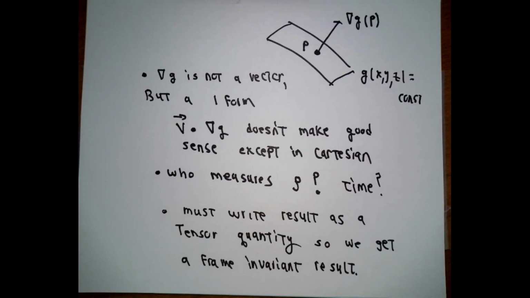Unless you're in Cartesian coordinates, when you convert components of vectors and one forms into each other, Cartesian and only Cartesian gives the same numbers for the components of the vector versus one form.